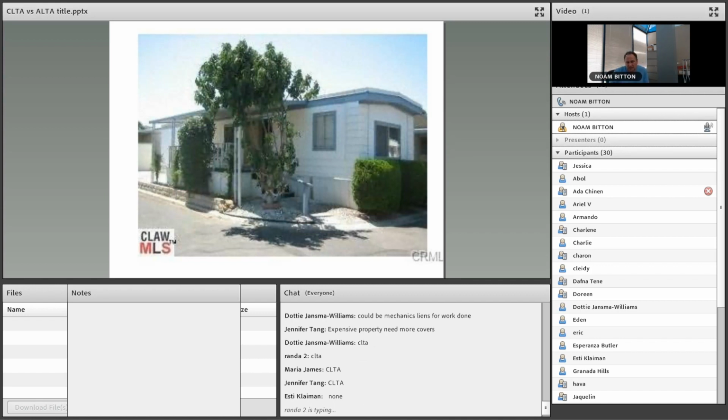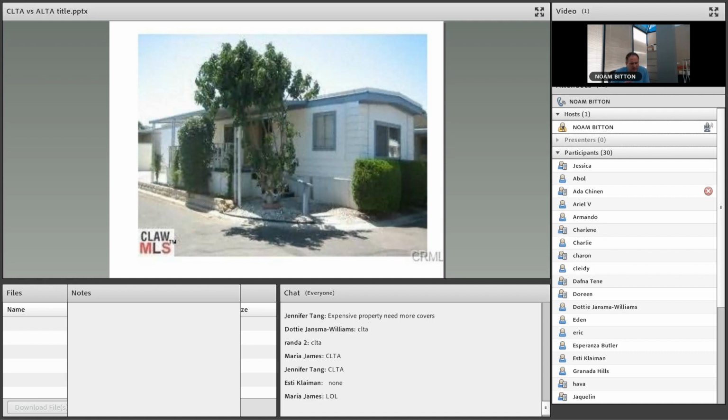Mobile home doesn't have a title insurance. Oh, Esti say none. Very good, Esti. Yeah, motorhome doesn't have a title insurance. Motorhome, there's no title. It belongs to the park. It's just kind of a lease from the park. So I got you here, but Esti got it. Very good. And it's very good for somebody who's just a rookie in this business.